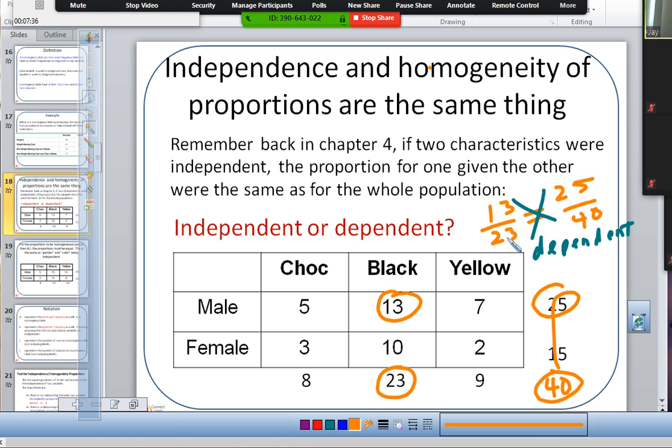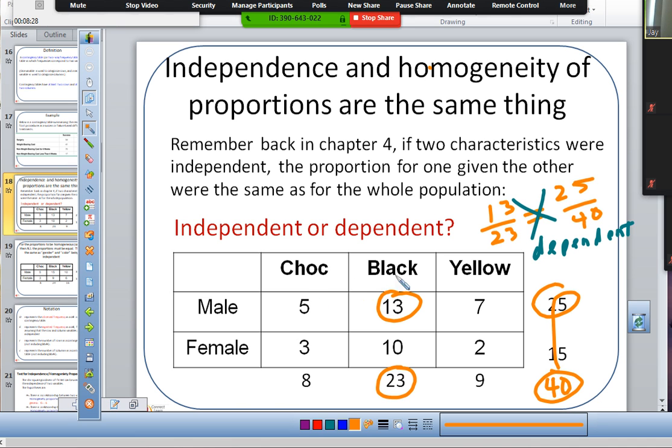So is 13 over 23 the same as 25 over 40? No, they're not. So these are dependent. Being a black lab depends upon whether you're male or female. You'll get a different answer. So that means that these are not independent because the proportions are not the same.